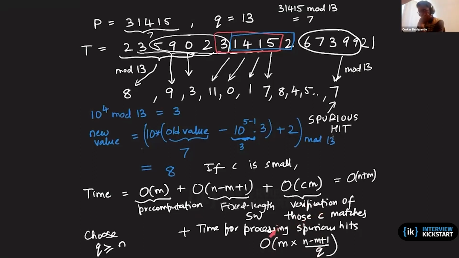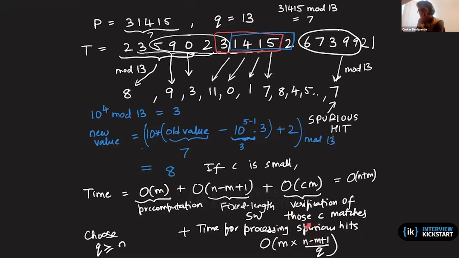Let's say you have 5 hits total that give you the same remainder, and out of them, 2 are actual matches. So your total is 5. You could count only the spurious hits or the total hits. So are you saying that the total hits equal the number of exact matches plus the spurious hits? Yes.